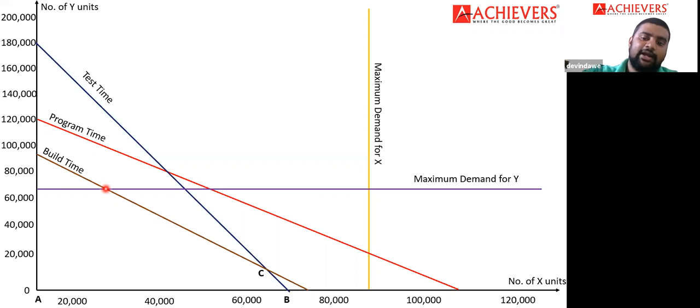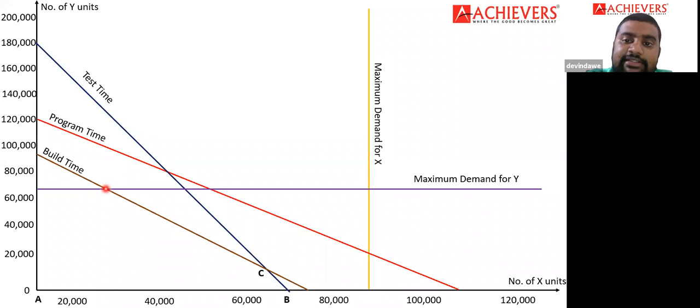But when you hit a demand constraint like that, it means I have reached the maximum level of demand for the product and there is no point of producing anymore, because customers won't buy and I will not be able to sell. No point of producing. Clear?